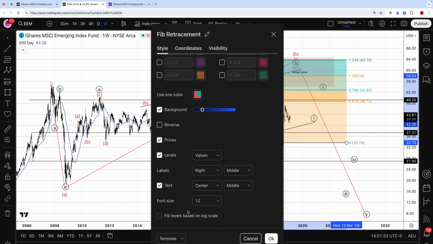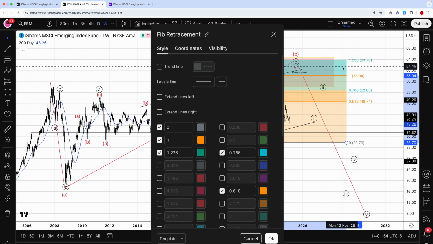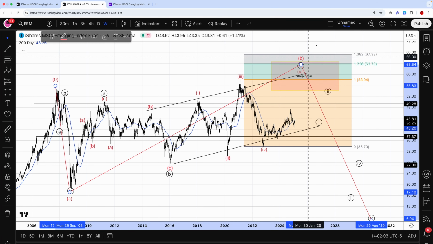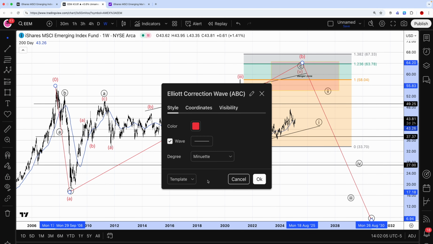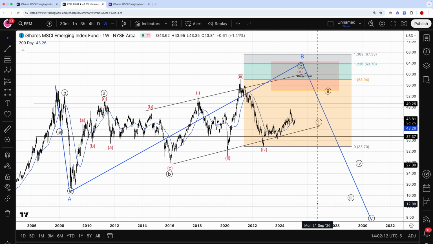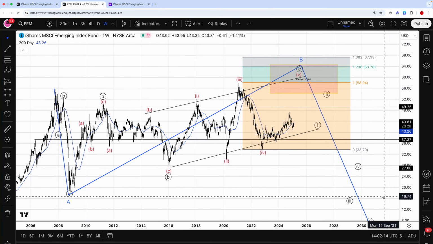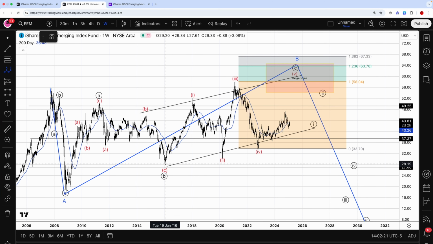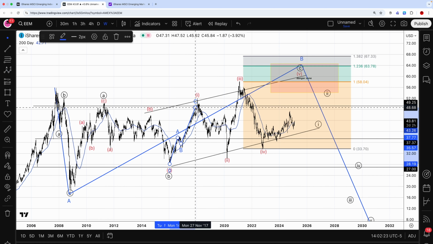We'll mainly take a look at the 100% and the 1.236 extension, and we could also add the 1.382 in there just in case it does wick up there. And this is what it looks like for the subwaves. For like within this channel, you have an ABC for each of the waves.